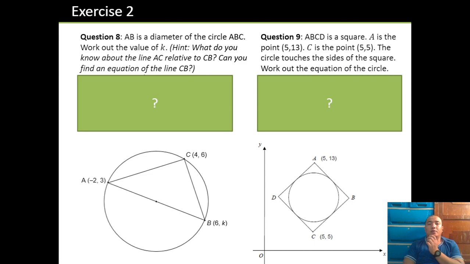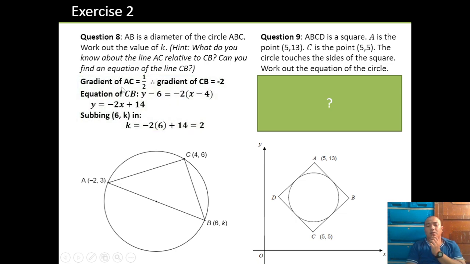AB is the diameter of the circle ABC. Work out the value of k. Hint: what do you know about the line AC relative to CB? Can you find an equation of the line CB? First, we need to know the gradient of AC, which is 1/2. Yes, 3 over 6, so 1/2. The gradient of CB, they are perpendicular. The product of their slopes is negative 1, so the gradient is negative 2.